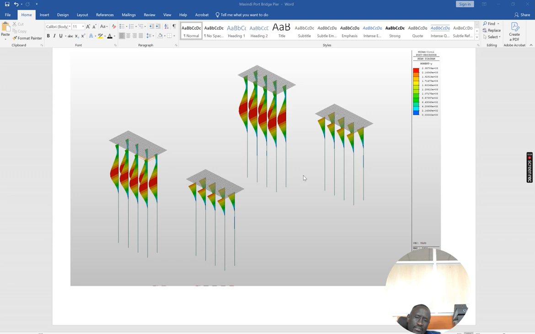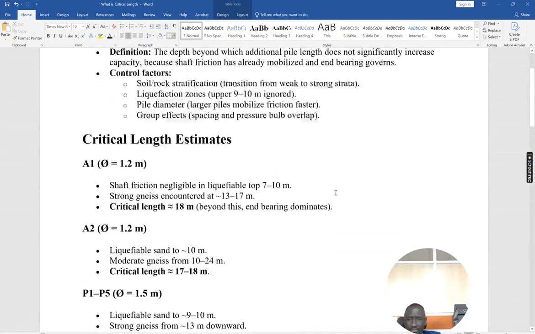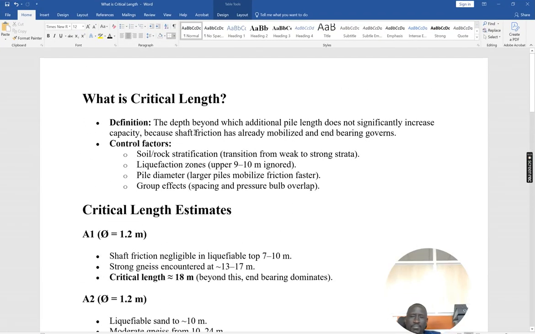when you look at this, there is also what we call critical length of the pile. With the critical length of the pile, I hope I had it here. I would have actually looked at it. Yeah, the depth beyond which additional pile length does not significantly increase capacity, because skin friction has already mobilized and end-bearing governs.